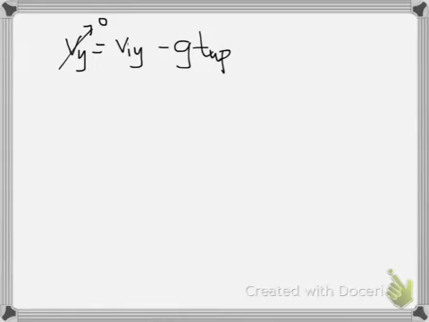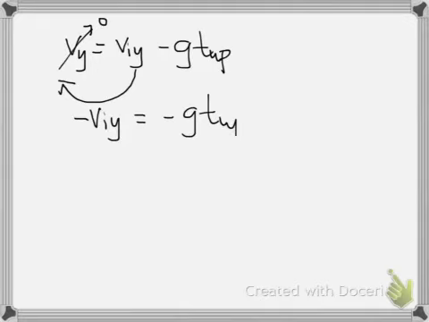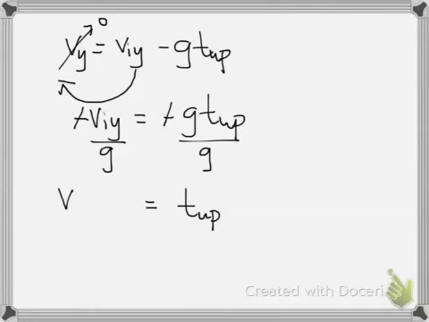By manipulating this, we have to move this first on the other side, so that becomes Viy equals negative t up times g. The negative and the negative cancel out, and if we divide both sides by g, then we get our t on the peak or the maximum height to be Viy over g.